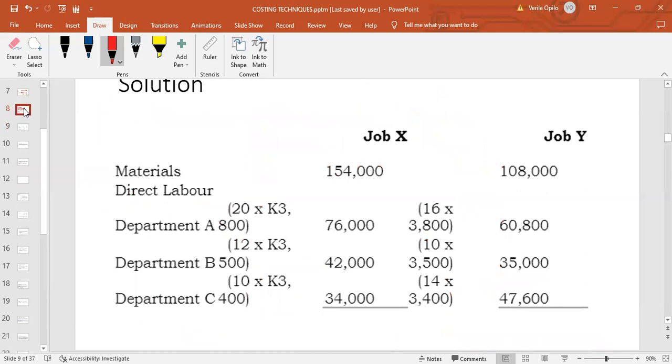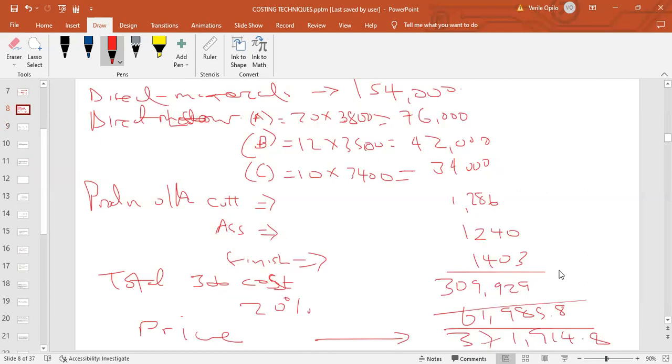That is how you are expected to show the total amount that the company is going to incur, and, if they were to add a markup, the total price of the item.